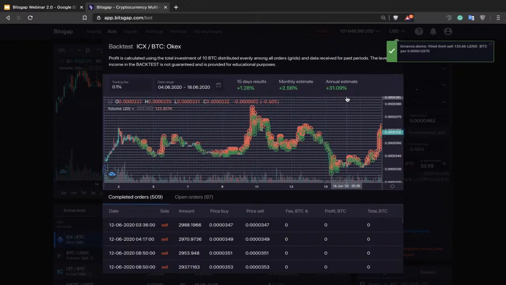That is why it's called back, and it's why it's called test. So it tests historic data. It tests previous days, and it estimates what would be the profits if we would have initiated the bot back at that time.